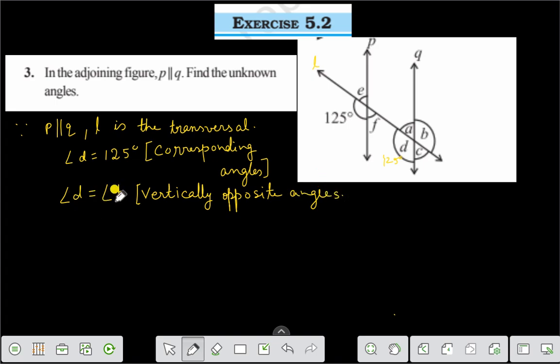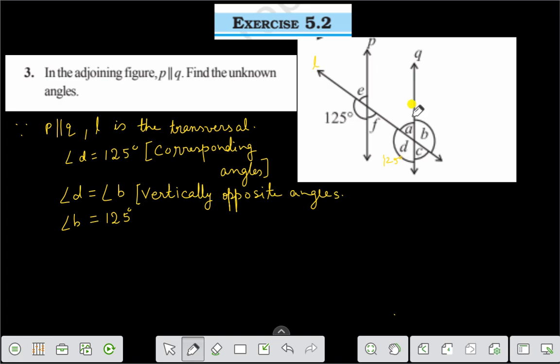Angle D is equal to angle B. Therefore, we can say that angle B is also 125 degree. So we can say that angle B is equal to 125 degree. Right?